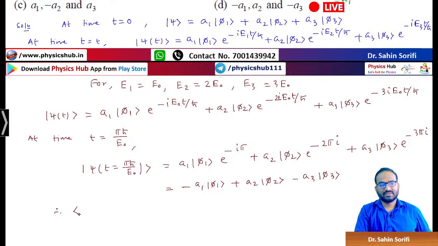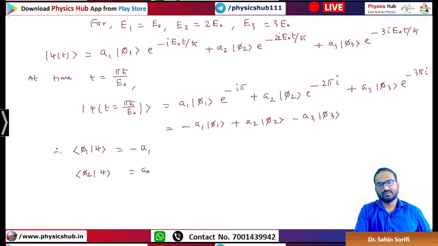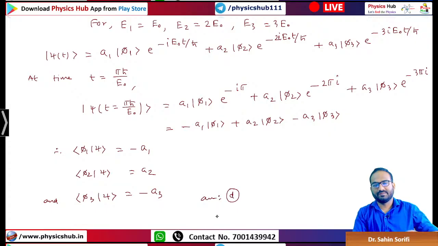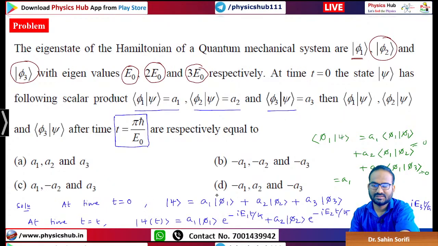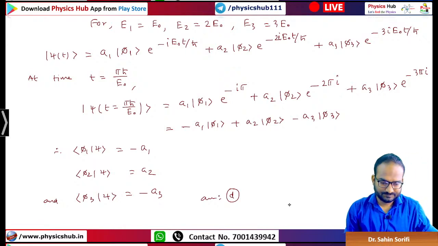From this we can say that phi 1 psi will be minus A1, phi 2 psi will be A2, and phi 3 psi will be minus A3, and that matches option D: minus A1, plus A2, minus A3. Is it clear? Simple question.